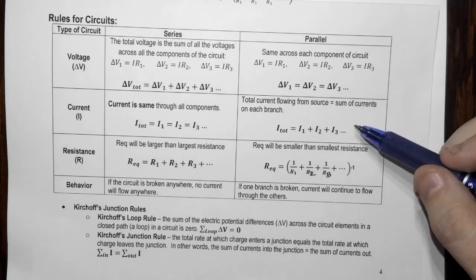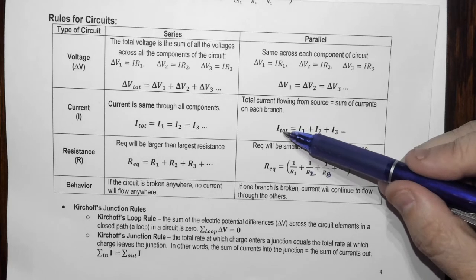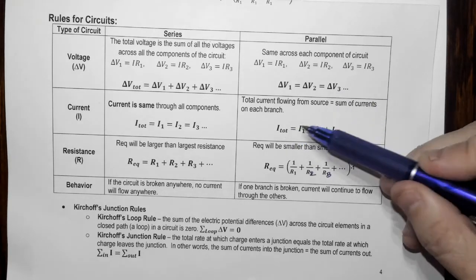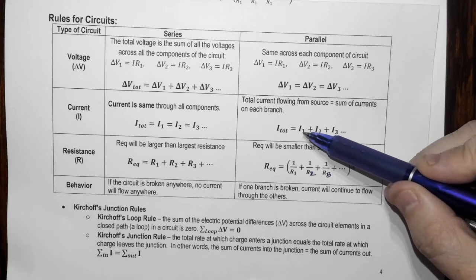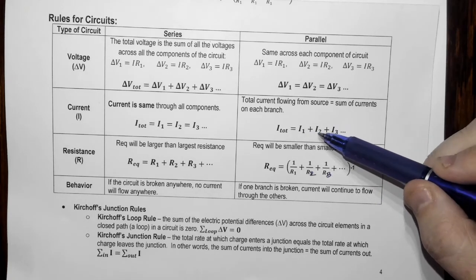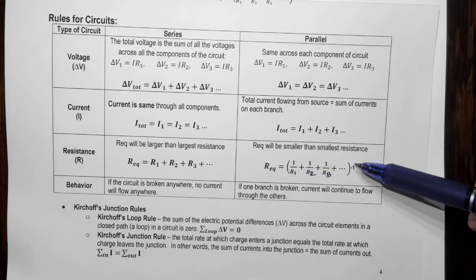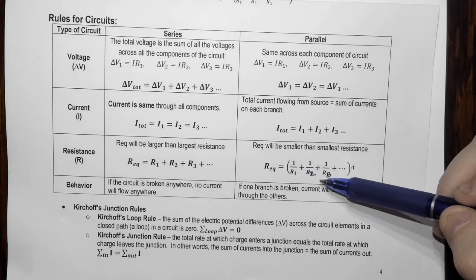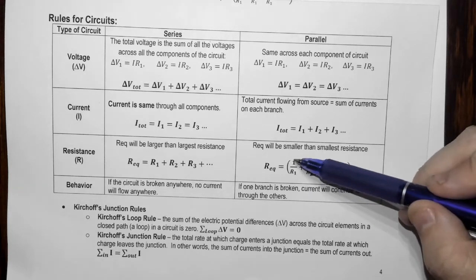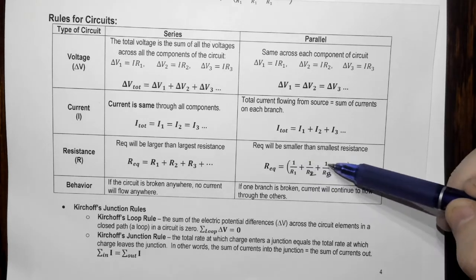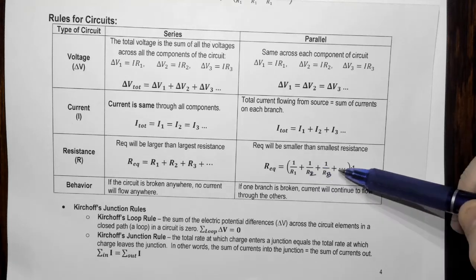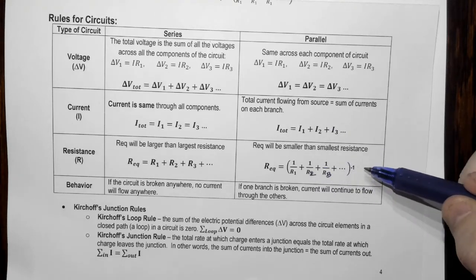My current, my conventional current, the total current, that's the current across the battery or the power source, is going to be equal to the current across the first branch plus the current across the second plus the current across the third. And then I have that weird equation for the equivalent resistance, where I am taking 1 over each resistor's resistance and adding them up and then inverting it, essentially.